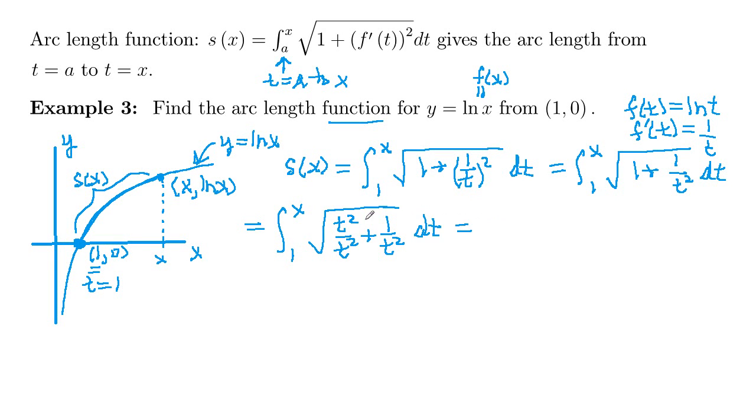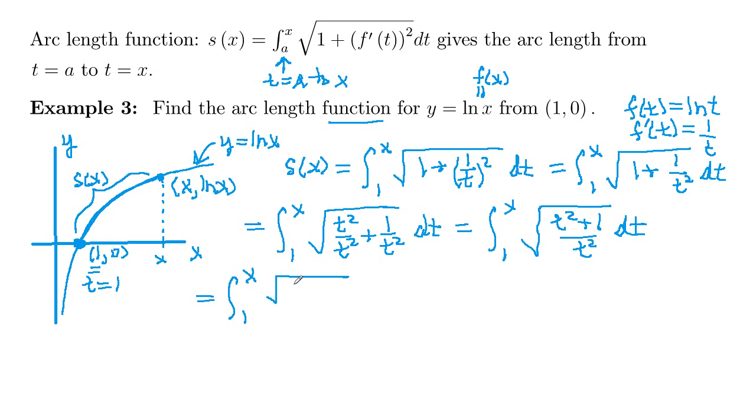Now we can add the two numerators over the LCD, so this will be the integral from 1 to x, square root, t squared plus 1 over t squared, dt. Now we can take the square root of the top and the bottom separately. So this will equal the integral from 1 to x, square root of t squared plus 1 on top, and then the square root of t squared is t in the denominator, dt.